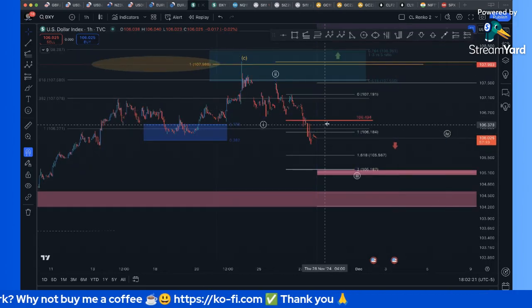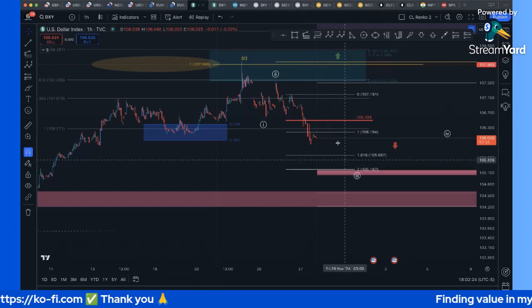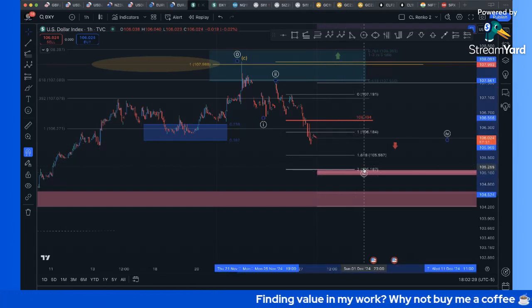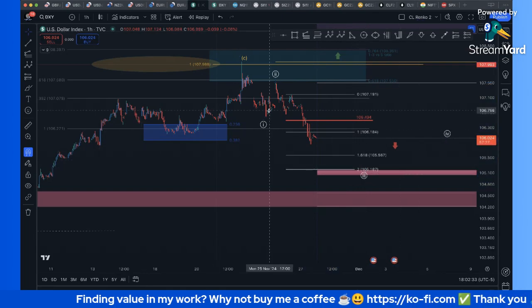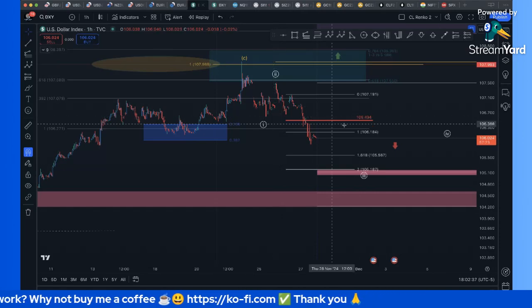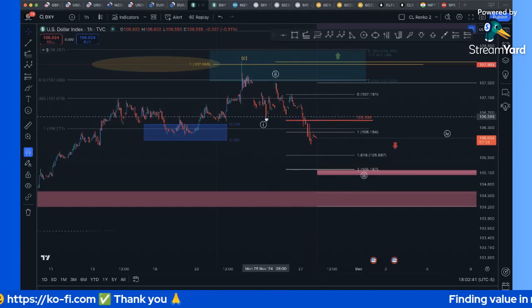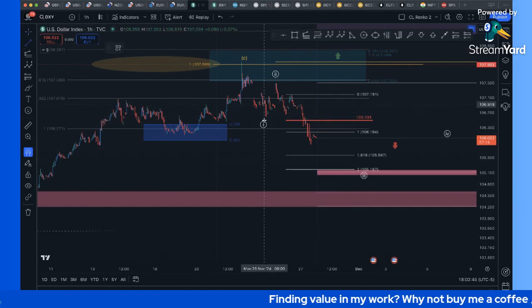So the first clue is this is going to keep coming down and get somewhere down into this zone for a proper wave 3. Then the bounce should not get below this level right here. It's a little bit higher than this level. But if this does make it down here, I'm going to mark this level on my chart. Okay, twist my arm. I'll mark the level right now.